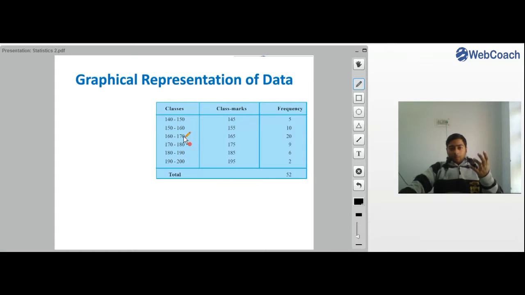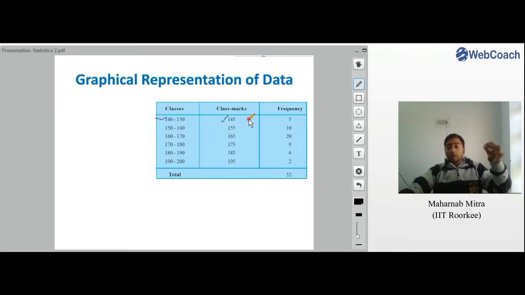So let us see. For the classes, we have found out class marks. You can see for 140 to 150 the class mark comes out to be 145, and you can find this out how? 140 plus 150 divided by 2 gives us the class mark, right, or the midpoint. And where will we point the midpoint on the graph?